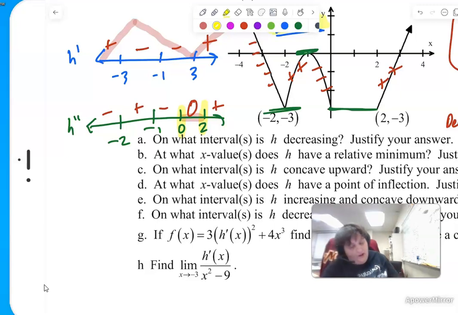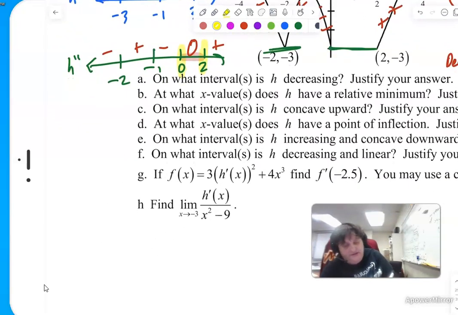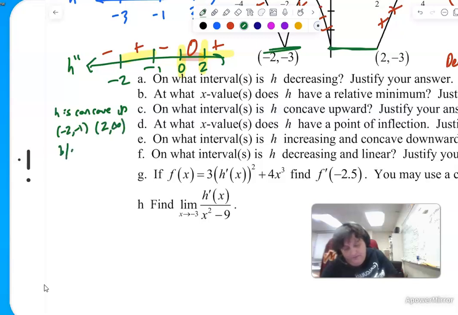Okay? All right, I'm going to write part C over here. Where is H concave up? H is concave up on the intervals here and here: -2 to -1 and 2 to infinity.